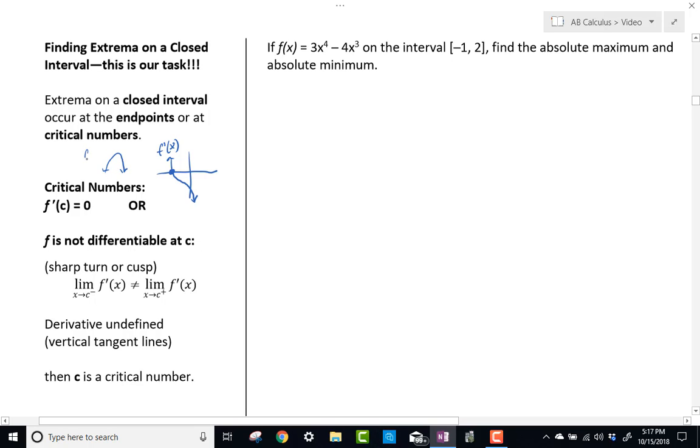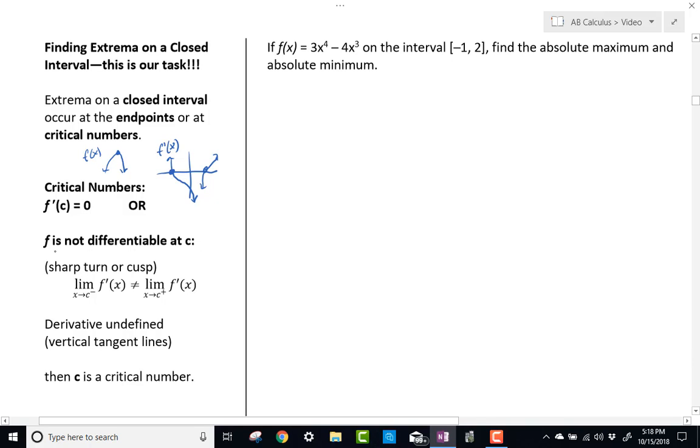So if this is f of x, we know that if f prime is 0, I either have a max, or if I did it the other way, where this was my derivative, then f would have a min at this point right here. So that's why we talk about critical numbers. We want to know where the derivative is equal to 0. That could be a max or it could be a min.